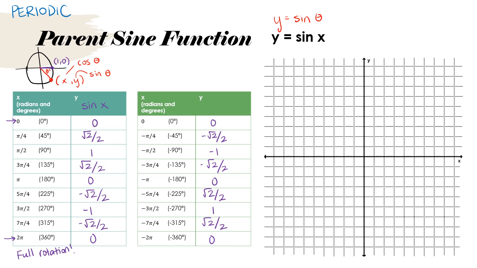Okay, so let's think about how to turn this into an actual graph. Now we've got to think about our scale for our axes. So I went from 0 to pi over 4 to pi over 2 to 3 pi over 4. I chose these increments of basically fourths of pi.